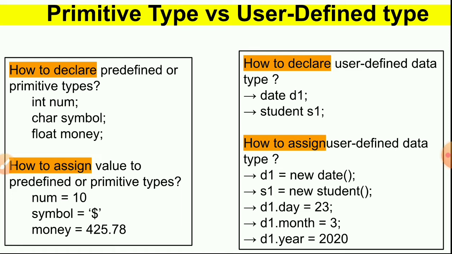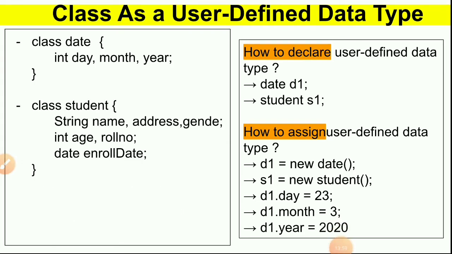Now let's see how you can create your own types. This will make the concept more clear. Basically, creating your own data type means you are creating a class.